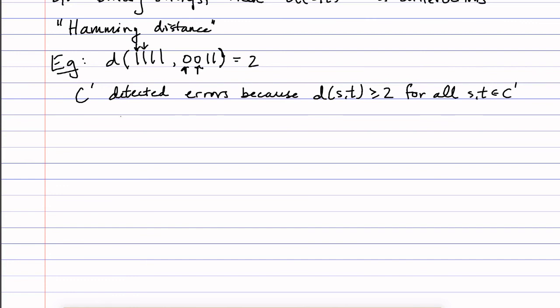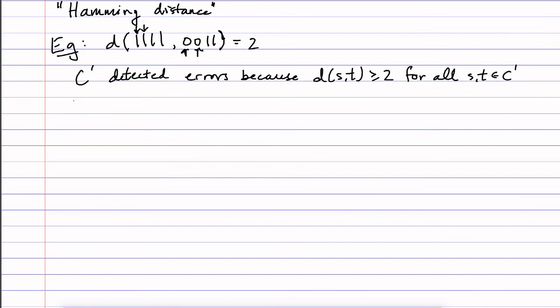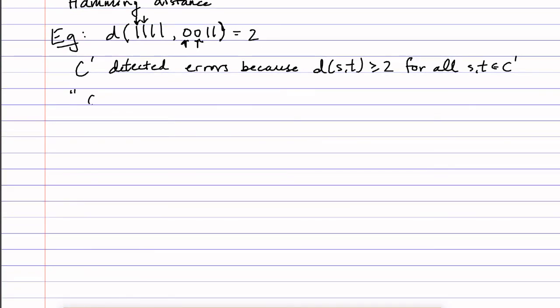But it could only detect 1 error per code word. So what you would say is that C prime is 1 error detecting. Because 1 error per code word could be picked out.